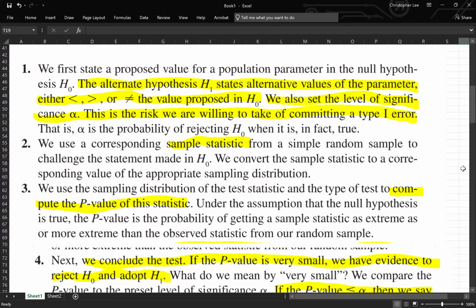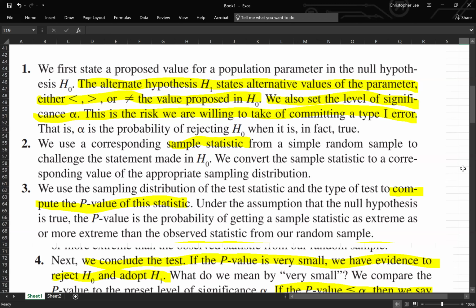The alternative hypothesis H1 states the alternative values of the parameter, either less than, greater than, or not equal to the value proposed in the null hypothesis. We also set the level of significance alpha. This is the risk we're willing to take of committing a type 1 error. That is, alpha is the probability of rejecting the null hypothesis when it is in fact true.